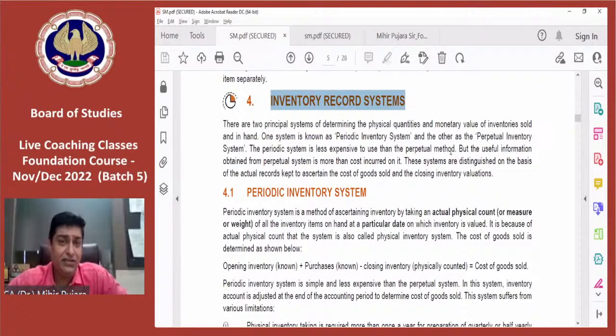But this is important, start from here. How we are maintaining our inventory record. Yes, inventory means closing stock.